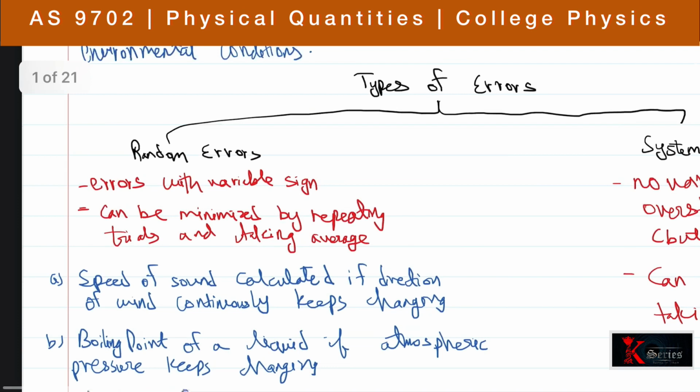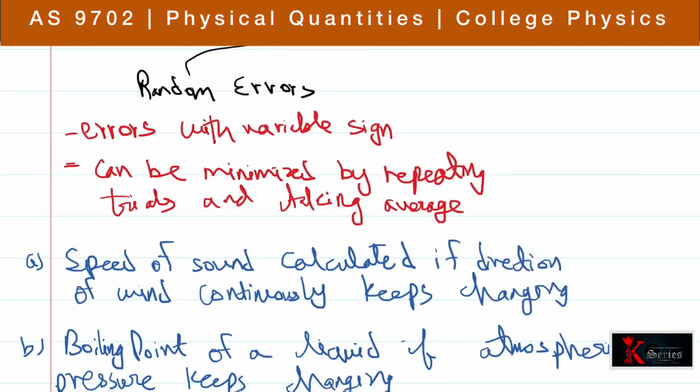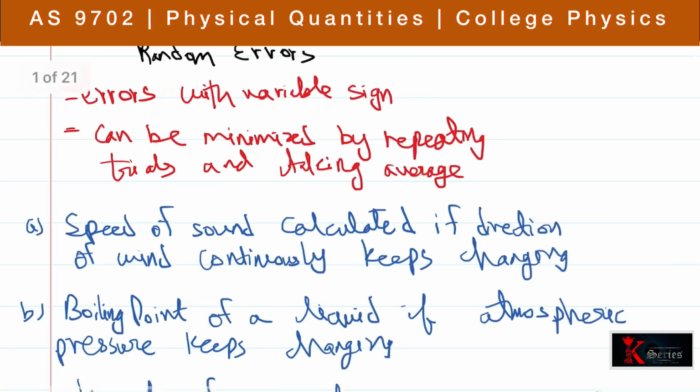Some examples of random errors: the speed of sound calculated if the direction of wind continuously keeps changing. How is this error arising? It arises due to continuous variation in the external environmental conditions, because the direction of wind is continuously changing, so a different speed of sound would be calculated. The second example is the boiling point of a liquid if atmospheric pressure keeps changing.